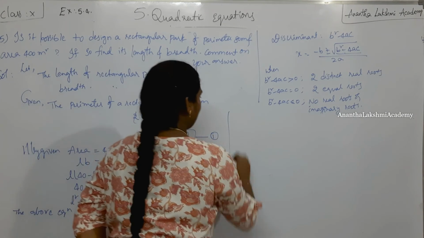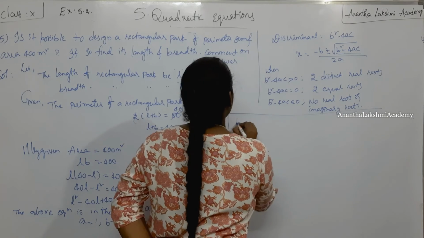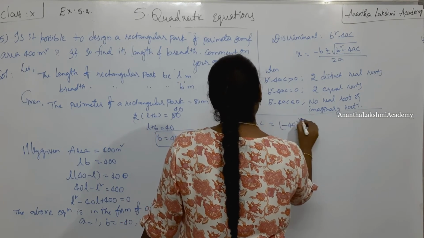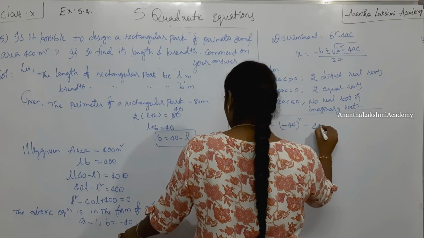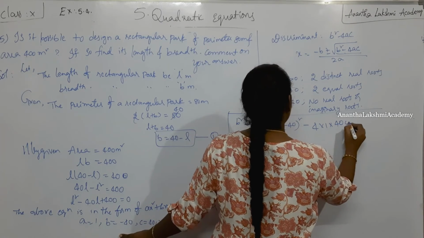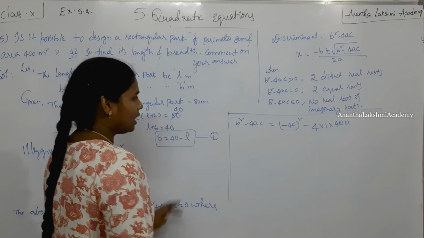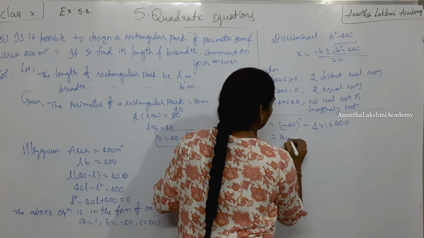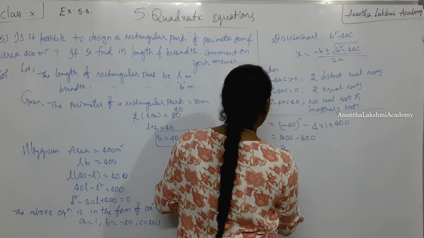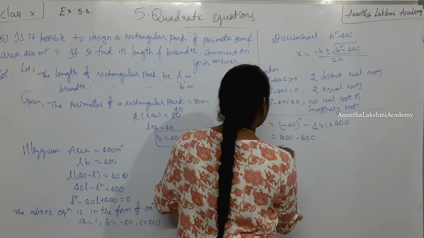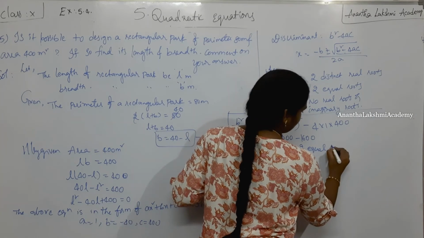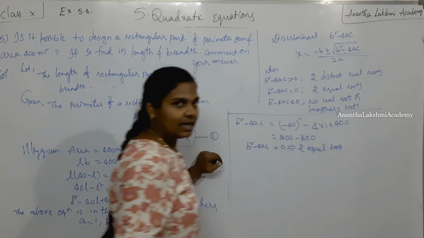Now let us figure out the discriminant value. b square minus 4ac is equal to minus 40 whole square minus 4 into a into c, 400, which is nothing but 4 fours are 1600 minus 4 fours are 1600, which is nothing but 0. b square minus 4ac is equal to 0, which implies how many roots we have? 2 equal roots. We have 2 roots, but they are equal.